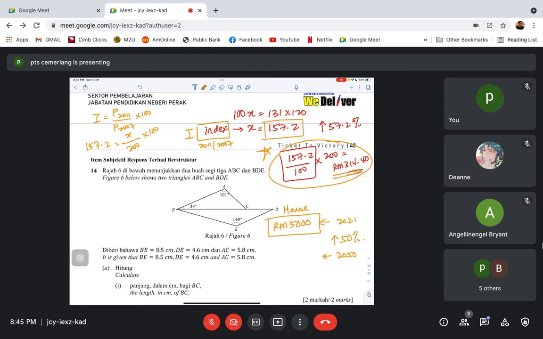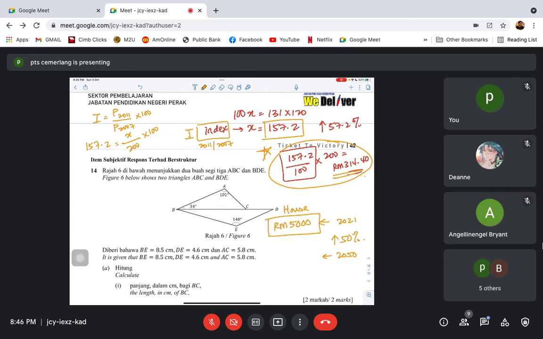How do I count berapa lah harga rumah tu sekarang? 2050 nanti. Dia naik 50%. So, how much is the price? Boleh kira tak?